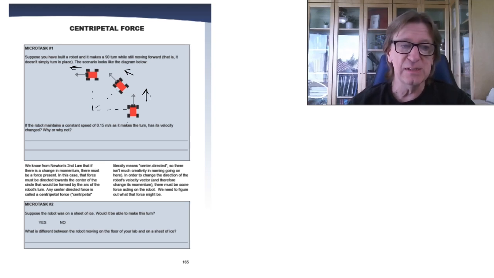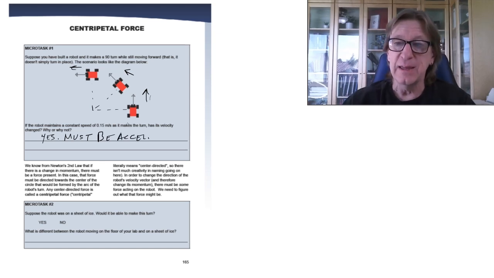So this means then that there must be some kind of acceleration, because the velocity has changed, right? And as we said in the intro, if I have an acceleration, I must also have a force. And so this force that's acting this way is what's causing that robot to turn.